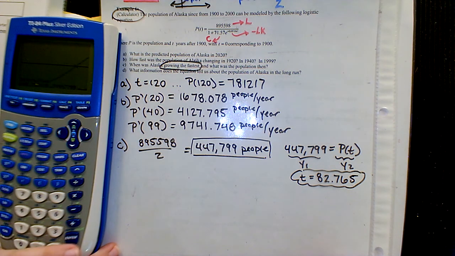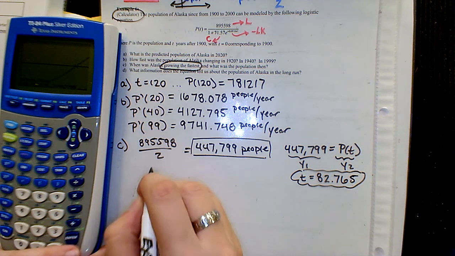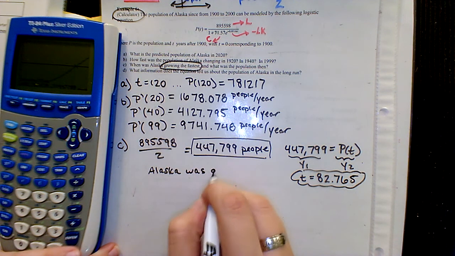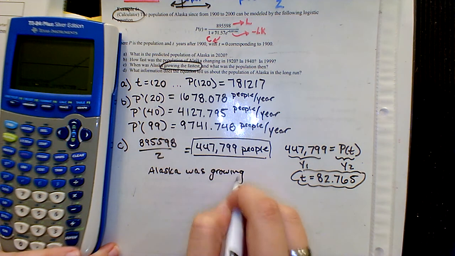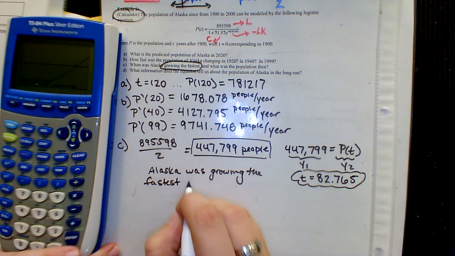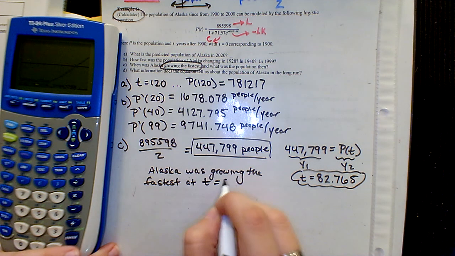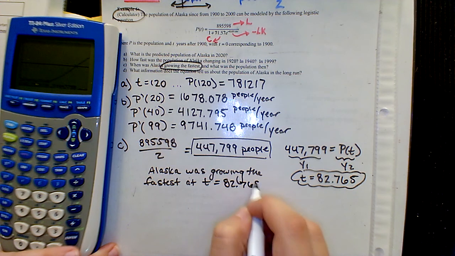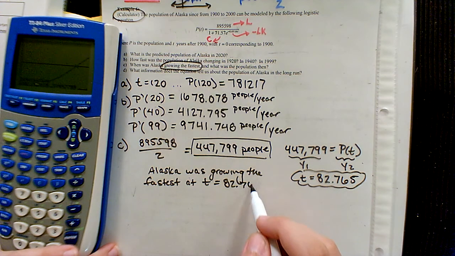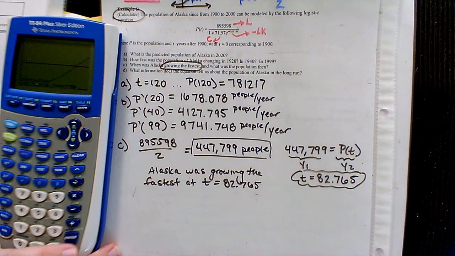All right, so to answer the first question, when was Alaska growing the fastest? Alaska was growing the fastest at time 82.765, so about a quarter of the way through 1982.